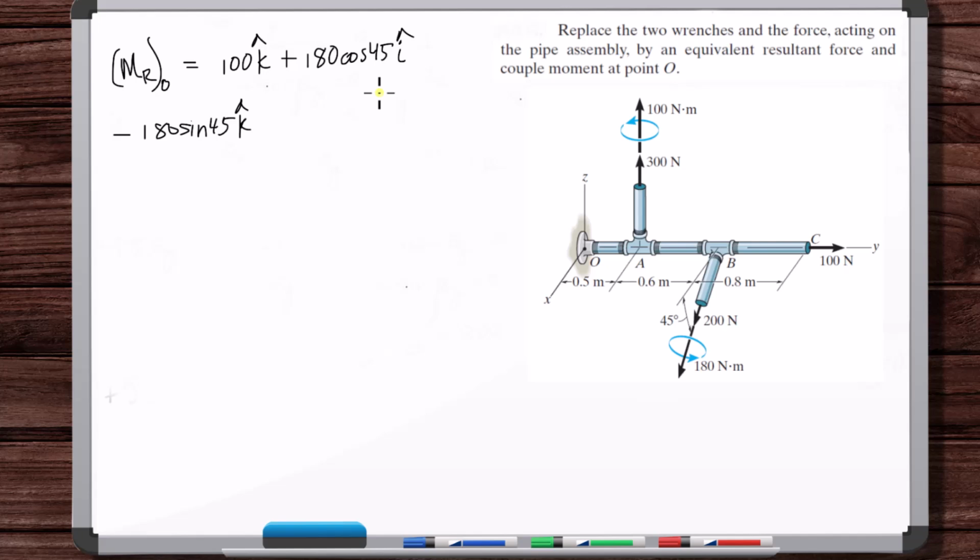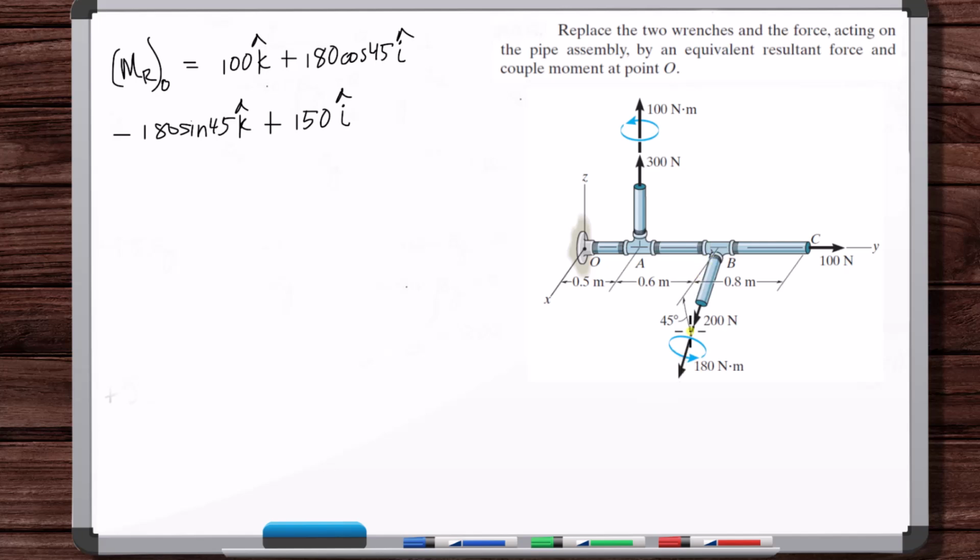Now, okay, coming back here, 300 times 0.5 is 150. This is positive 150 i hat. You see, this is the positive x, it's rotating about the positive x-axis. And then there is no component, no moment of this force about the z or the y-axis.